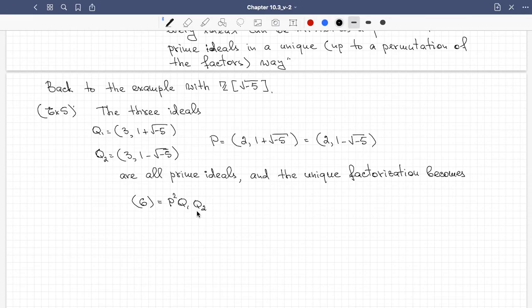Here is the unique factorization into a product of prime ideals. Where are our two different factorizations? Here they are.